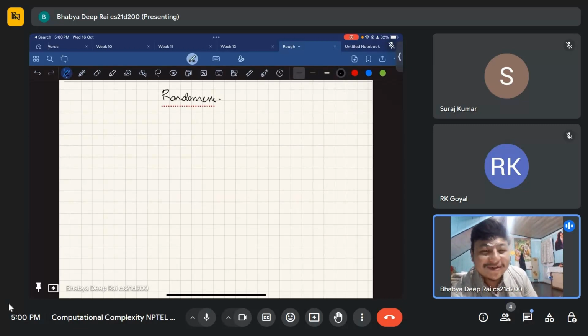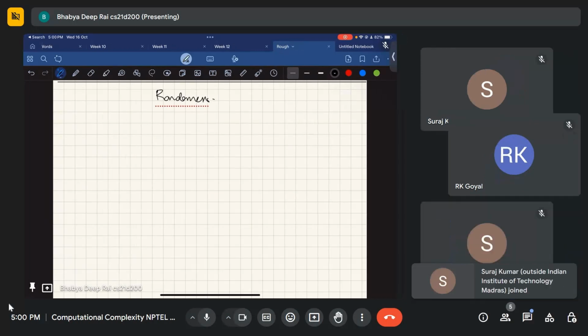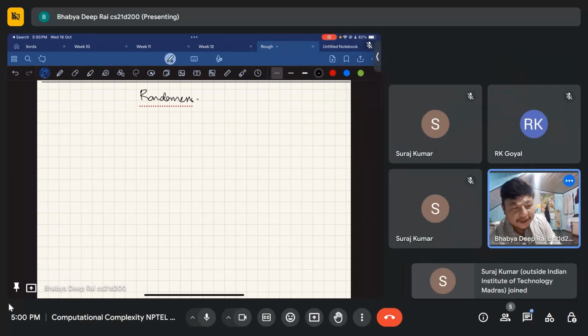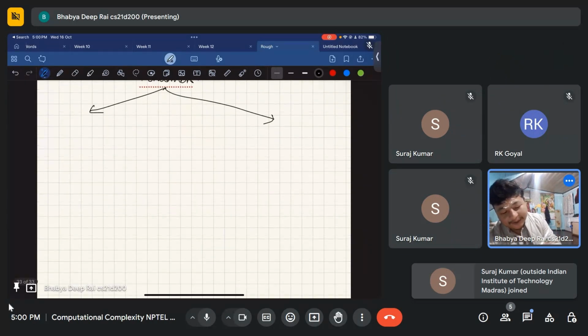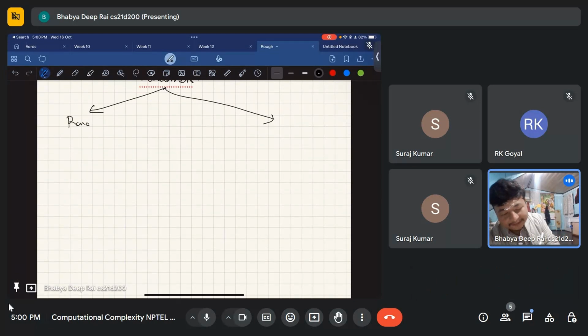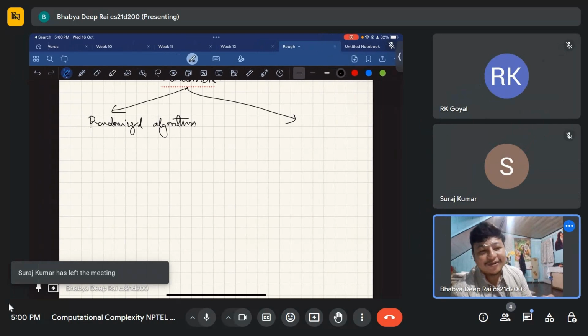Things become easier when you randomize, when you bring random coins into context. There are two things. One is you design randomized algorithms, and there are really good randomized algorithms available right now.